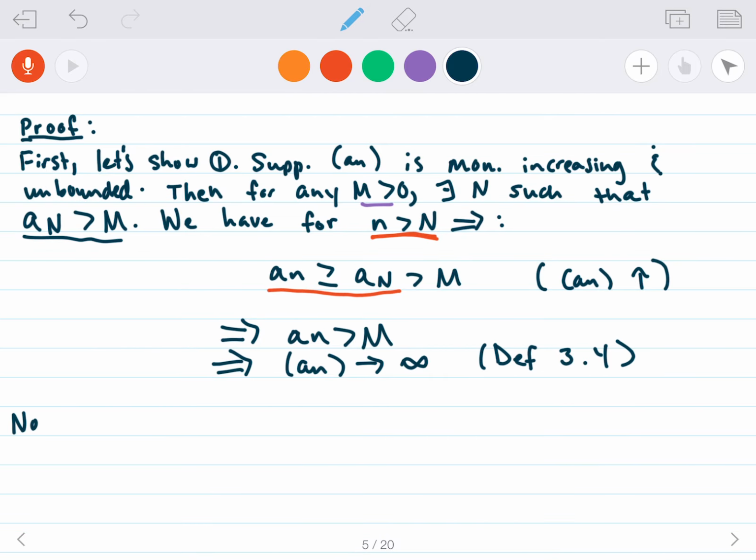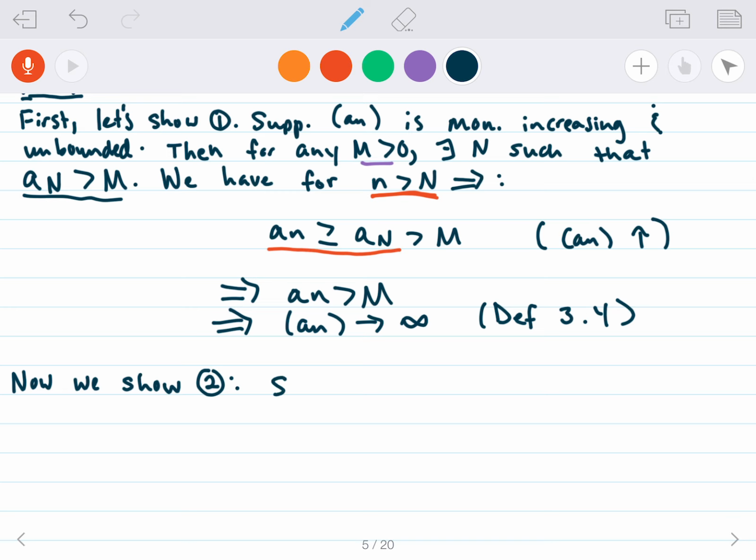So now we show 2. Okay, so what are we supposing here? So we're going to suppose, again, that a sub n is monotone increasing, and that a sub n is bounded above.